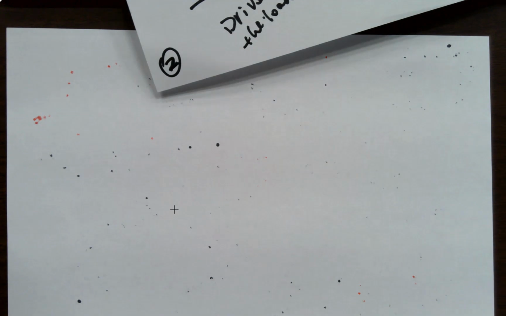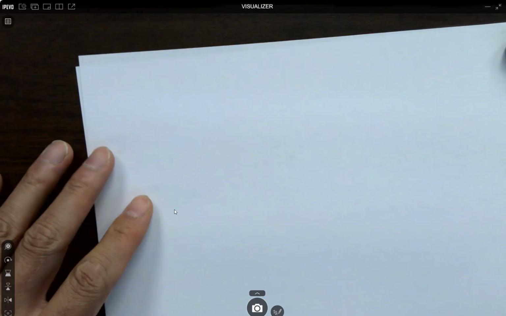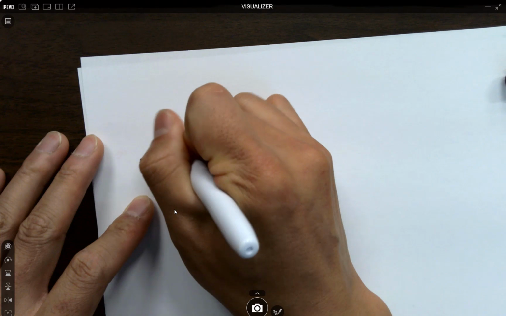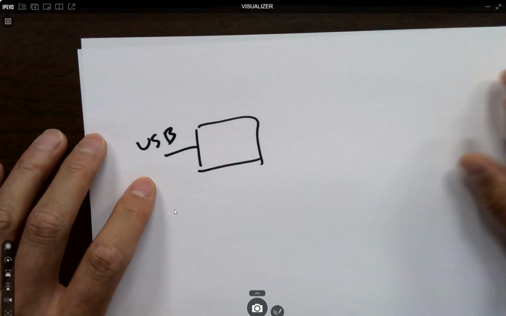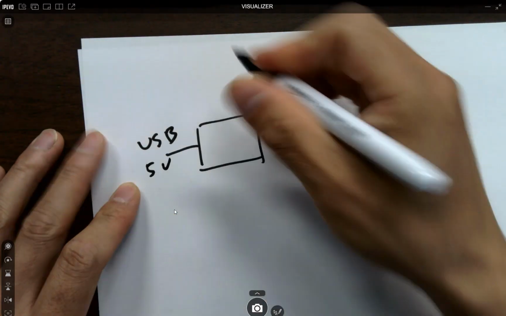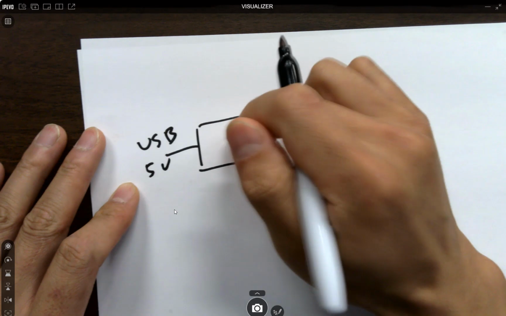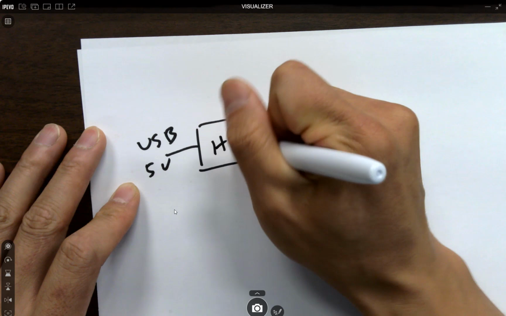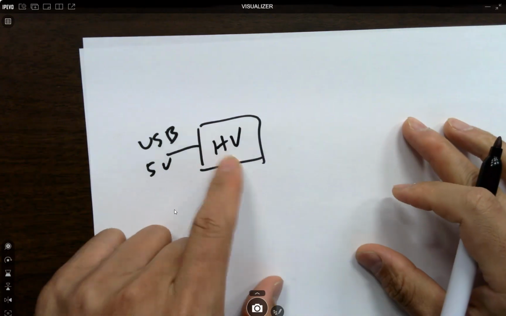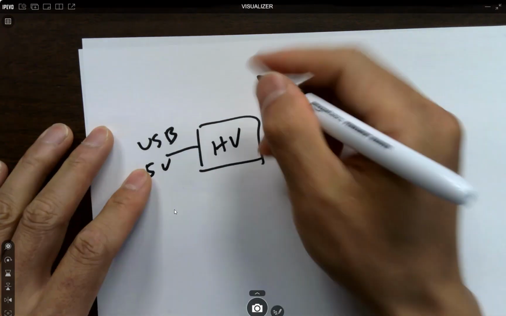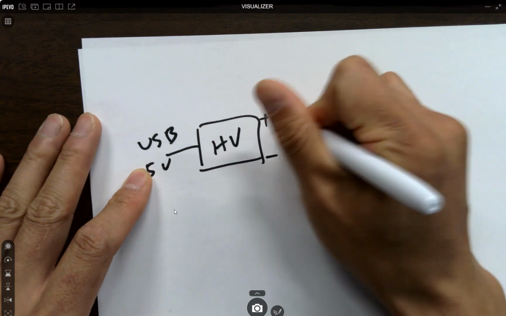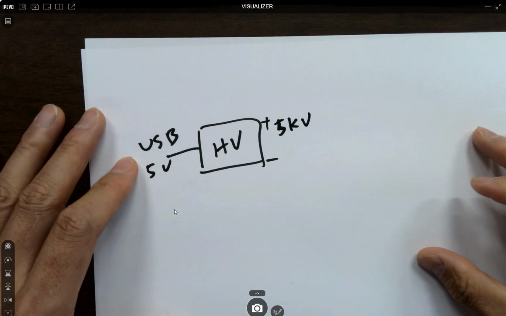Oh, it's just putting all the examples together. Let's take a look at it. So, for example, this one is being supplied by a USB. What's the voltage for USB? Very quick. 5 volts. Yeah. 5 volts to this voltage booster. Usually, I put an HV here, high voltage. Okay. So, for example, this is able to supply, let's say, 5k volts.